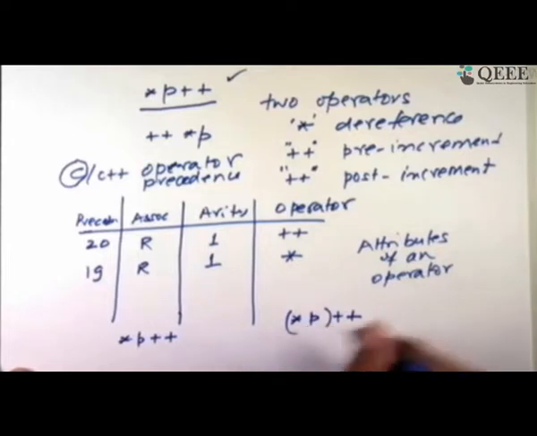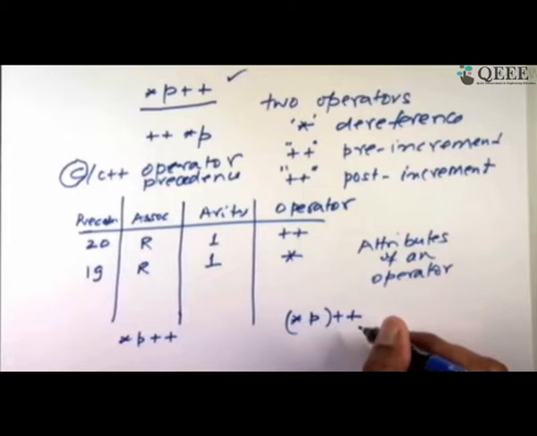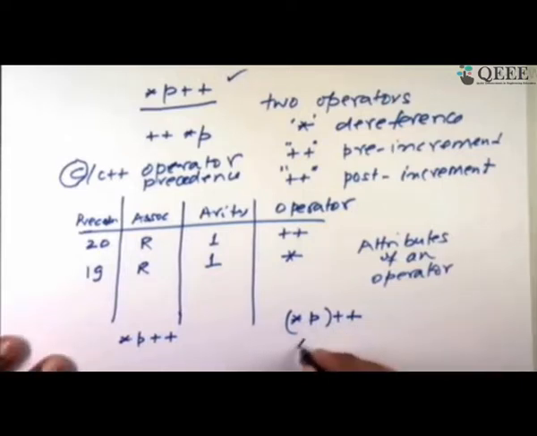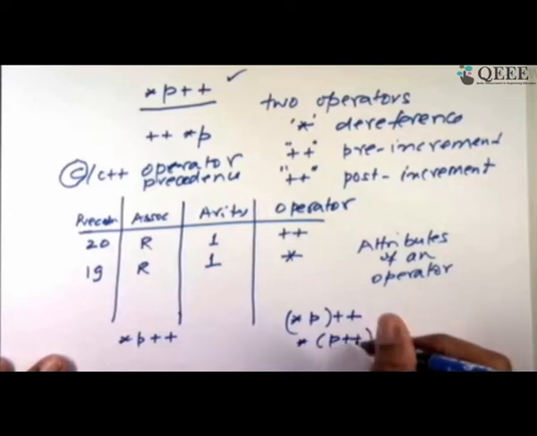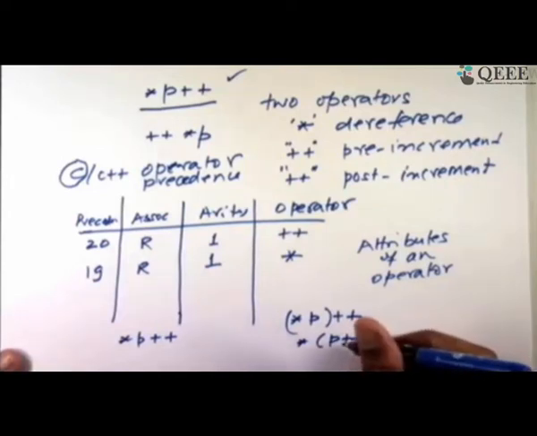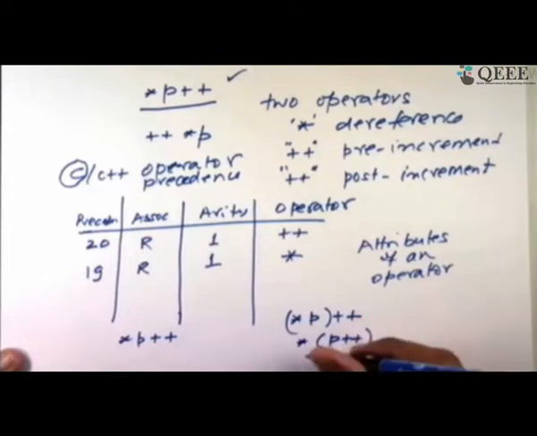To that object you do a plus plus and produce a value. If somebody wrote star of p plus plus, then also it is very clear what is to be done. First I take p, I increment the value of p, I produce a new pointer which will point to a different object than p, the next object perhaps, dereference it, I get a value and give it that value.